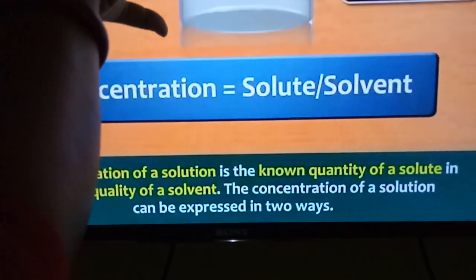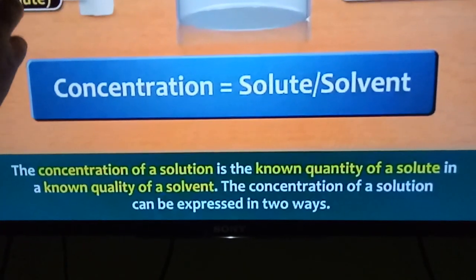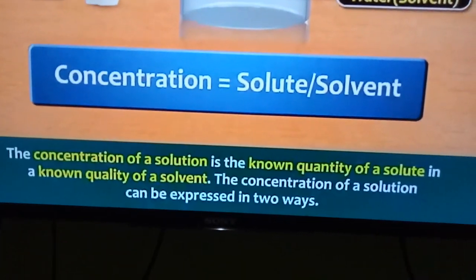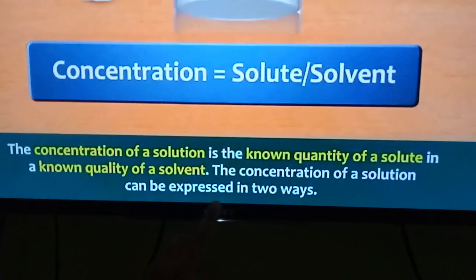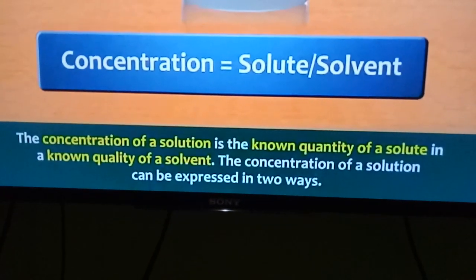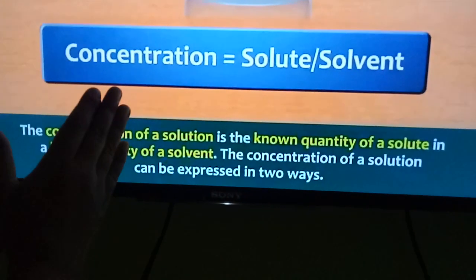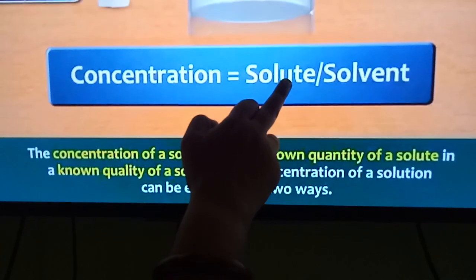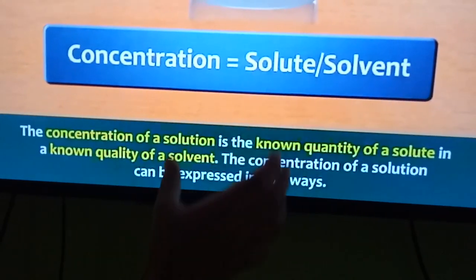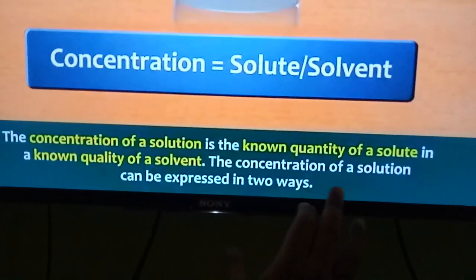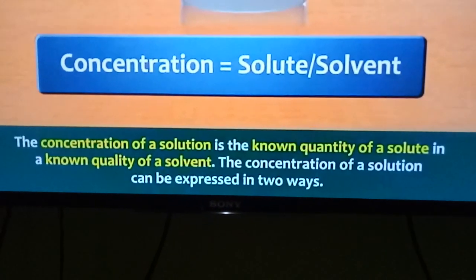So the amount of solvent which you have taken and the amount of solute which you have taken, you know both their quantities. The concentration of a solution can be expressed in two ways. Just now we have seen the formula, solute by solvent, whatever quantity of solute you have taken divided by solvent, and there are two methods to express the concentration of a solution.